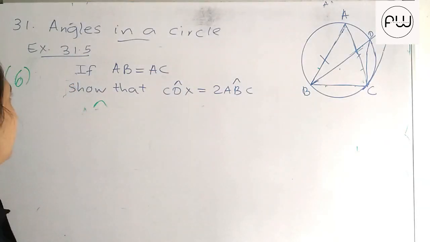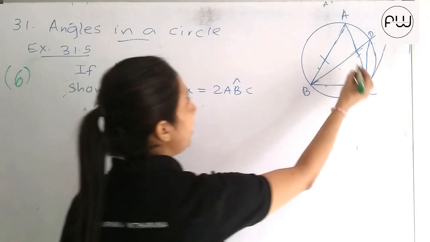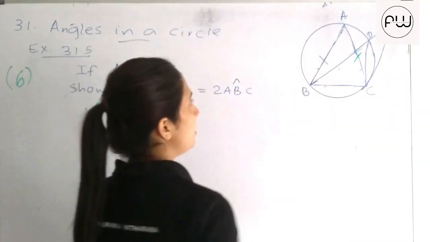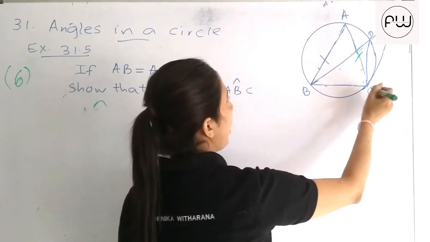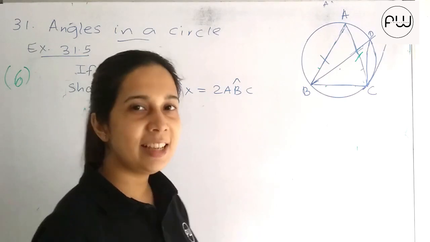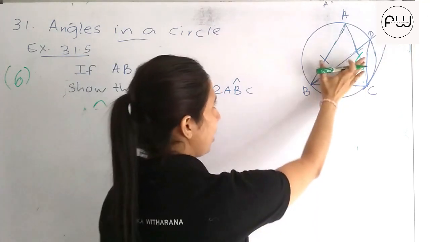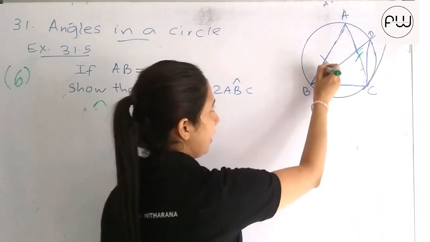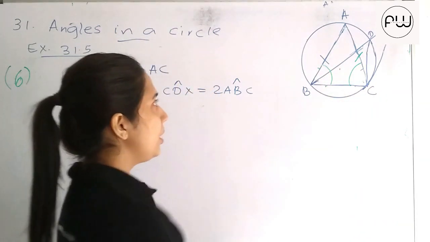Here you are given one piece of information: AB equals AC. It means if we consider this triangle ABC, these two sides are equal, so triangle ABC is an isosceles triangle. If this is an isosceles triangle, we can take these two angles as also equal. Let's put a letter.